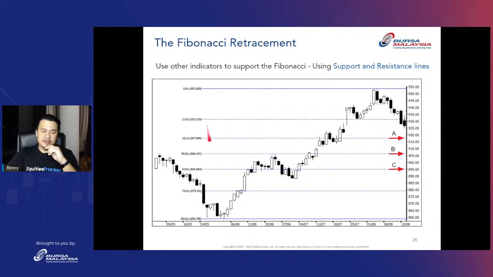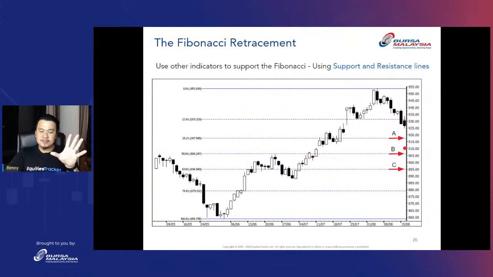For example, let's take a look at A. You look at this line historically, it wasn't any support or resistance level. So there's no clue from support and resistance. Now, if you take a look at B, this line over here was previously a resistance level once, and if you go back further, it also provided resistance twice.